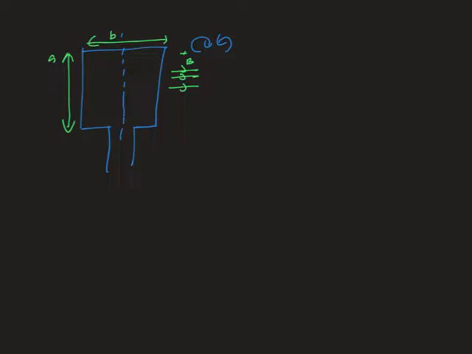Because the loop carries a current, and this current is perpendicular to the direction of the magnetic field. For this part and this part, there is no magnetic force because the current flows in the same direction as the magnetic field. So say the current flows like this and like this.